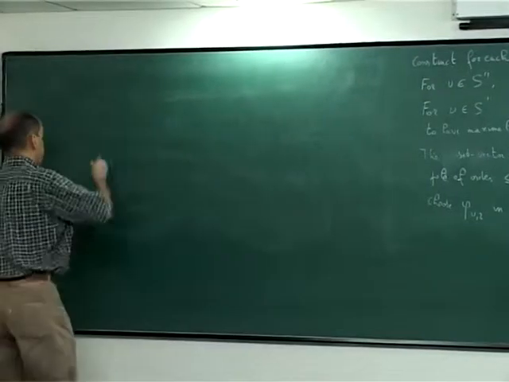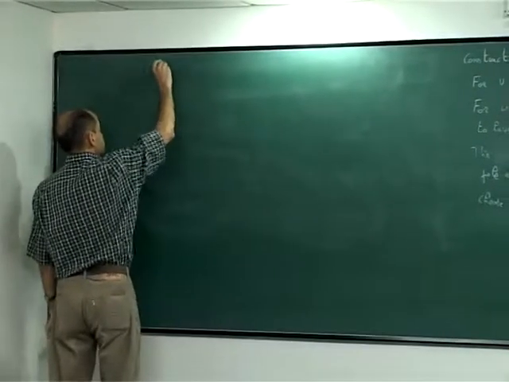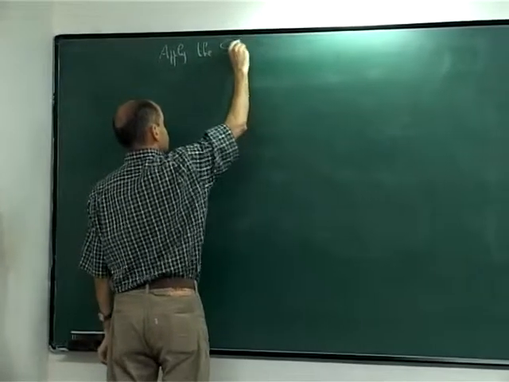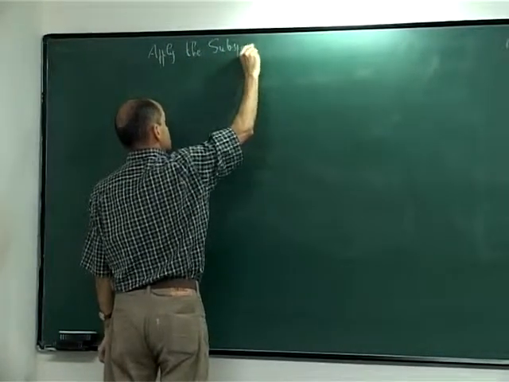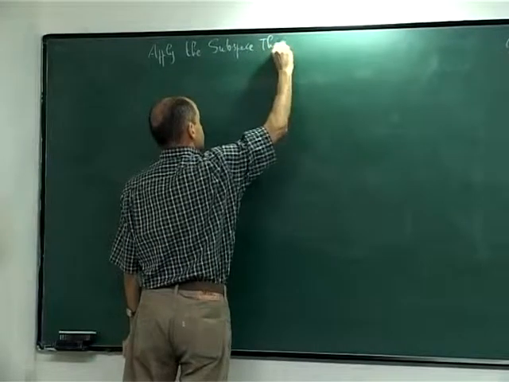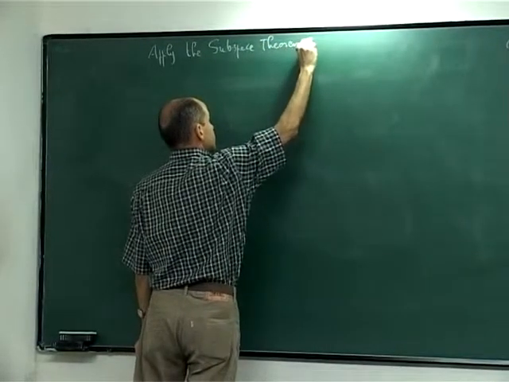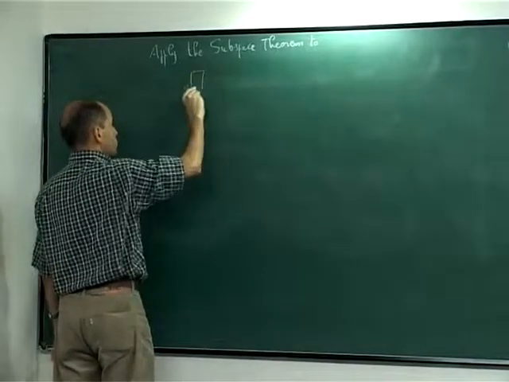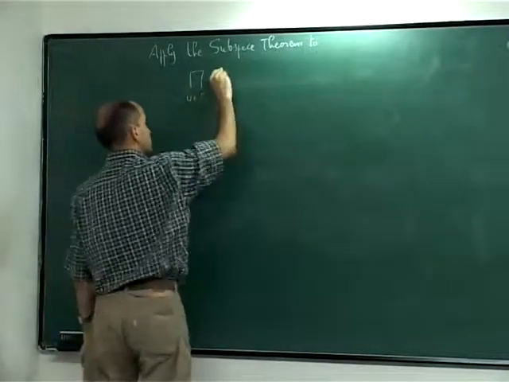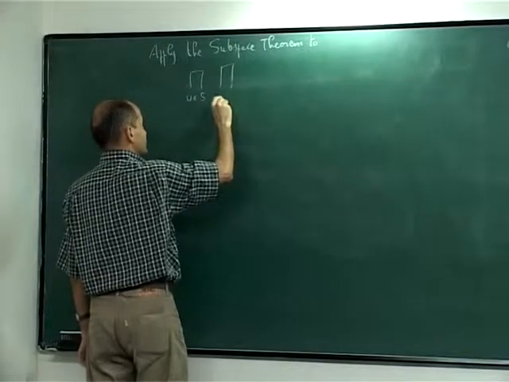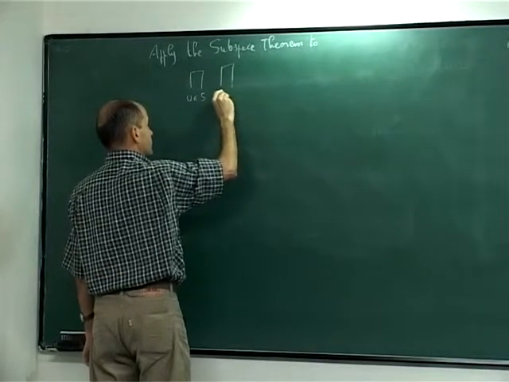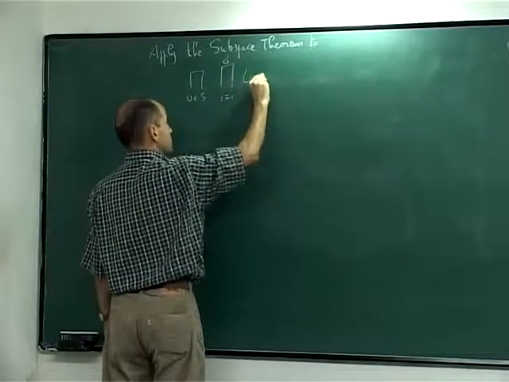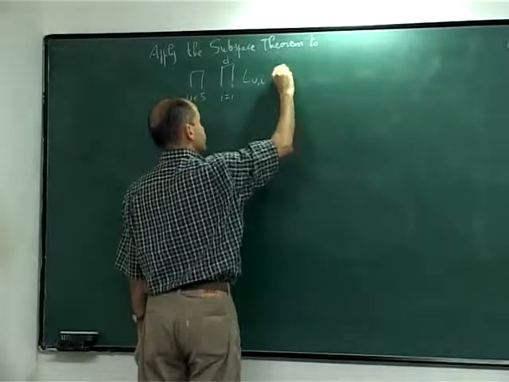Now we want to apply the subspace theorem to the double product, the product for nu in S and I from 1 to d of L nu I of Pn.